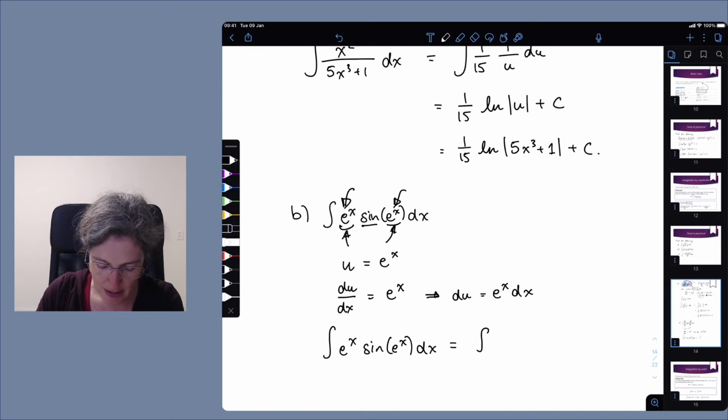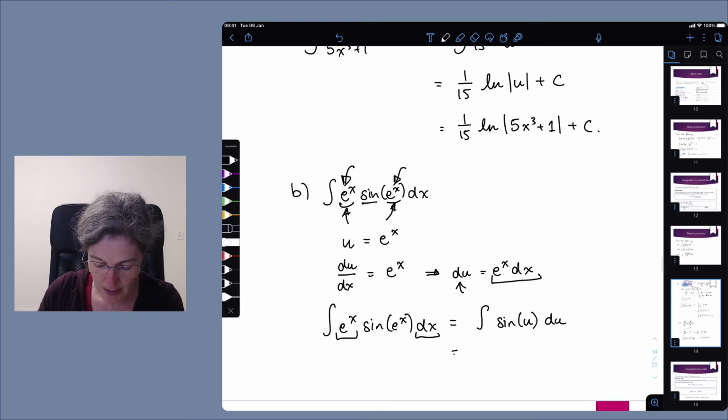Now sine of e to the x is going to become sine of u. And then notice that this e to the x times dx is this thing here, which is just du. So that was pretty nice, because now I'm just integrating sine of u, which we know how to do. That's going to be minus cosine of u plus c.